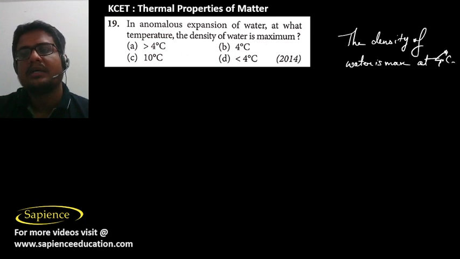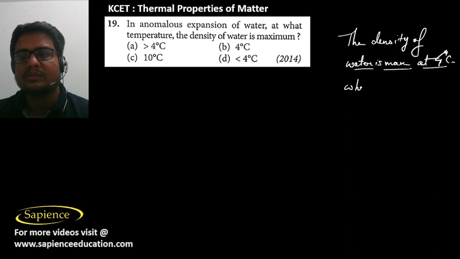Why? If the water is converted to ice at 4 degrees Celsius, then its density decreases. So at 4 degrees Celsius the density is highest, and if we heat it then also the density decreases. The density of water is maximum at 4 degrees Celsius, which is 1 gram per centimeter cube.